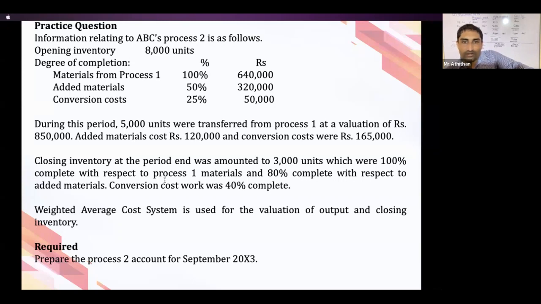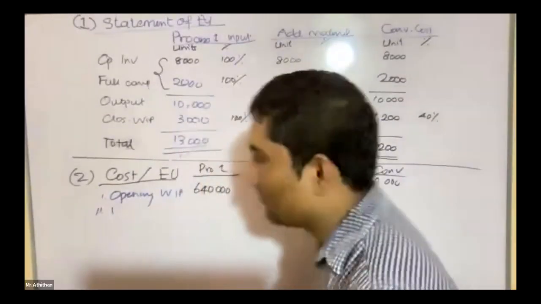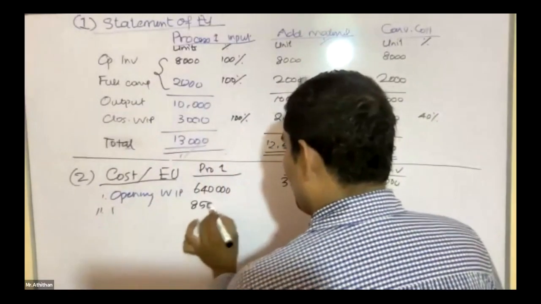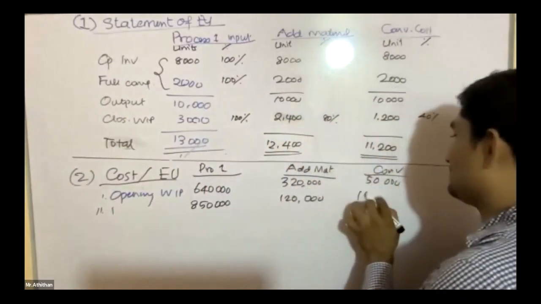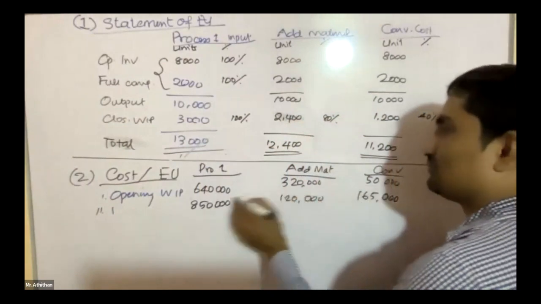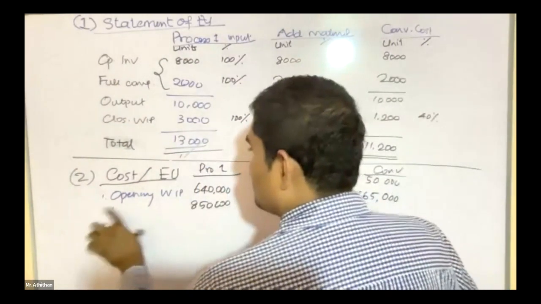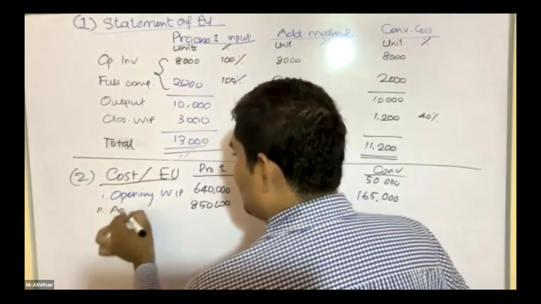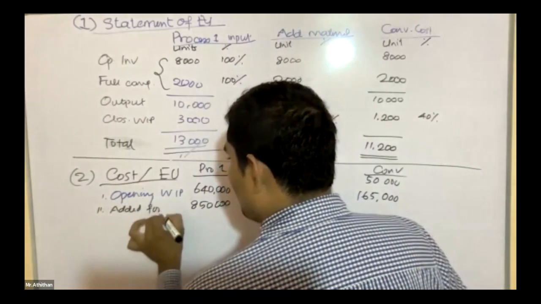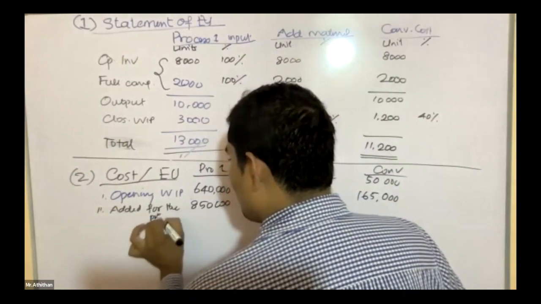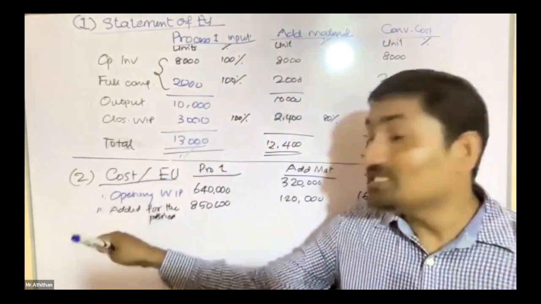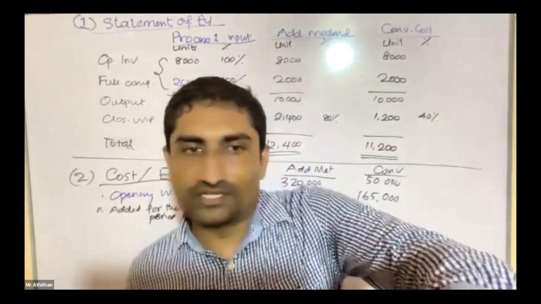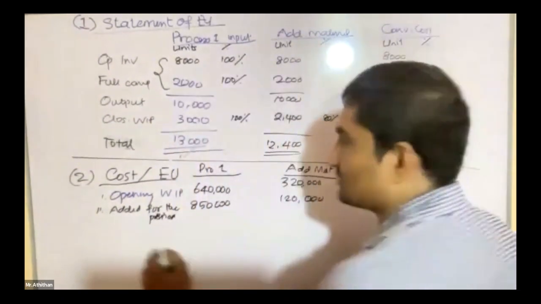So 850,000, 120,000, 165,000. This is added for the period. Right, added this time. Opening we got. This is newly added for this time. So if that is okay, we will understand the total cost.